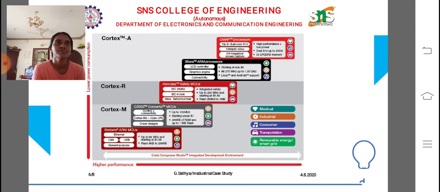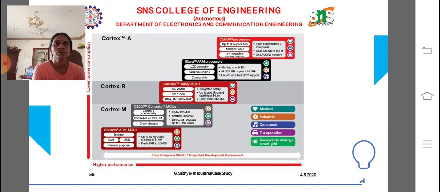It is mainly used for integration purposes, that is, we can integrate different operations in a perfect manner, so it produces better results. That's why we use the Cortex R series in higher-end applications. It operates up to 220 megahertz, and it also has flash memory, from 256 kilobytes up to 3 megabytes. Next, the Cortex M series.